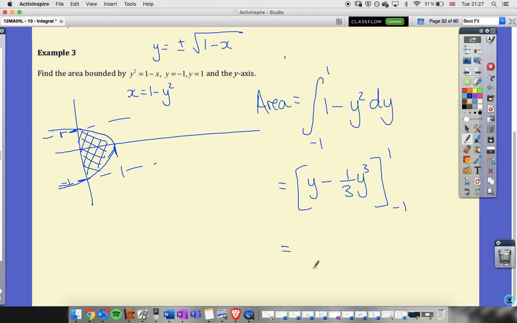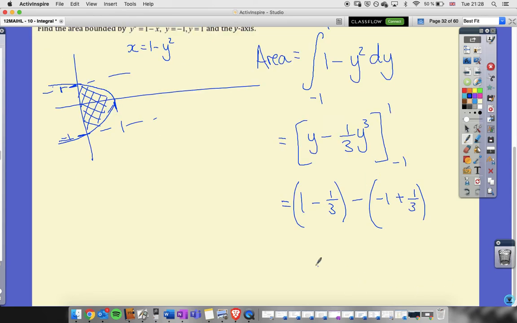Okay, and then let's substitute. Upper limit first: 1 minus a third times 1, minus the lower limit, negative 1 minus a third times negative 1 cubed. It's going to be plus a third. So I get 2/3 minus negative 2/3.